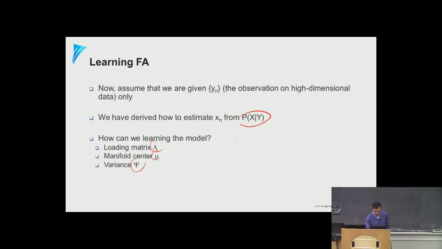So that basically is something like lambda star, mu star, and psi star equals the arg max of the likelihood of what? Of your data. What is your data? Y. Okay, arg max of p(y), basically.